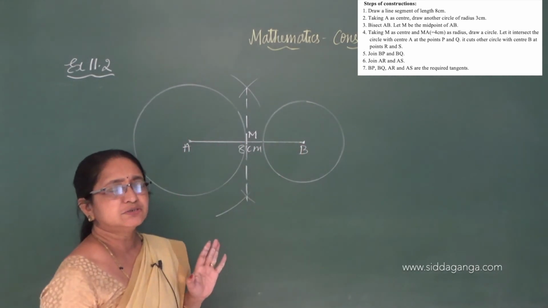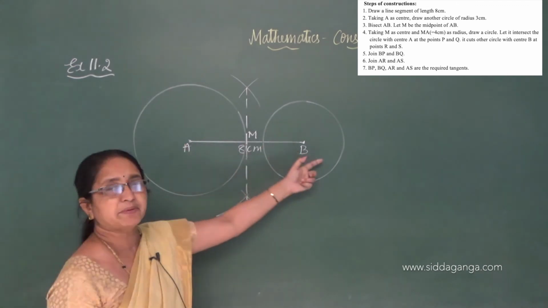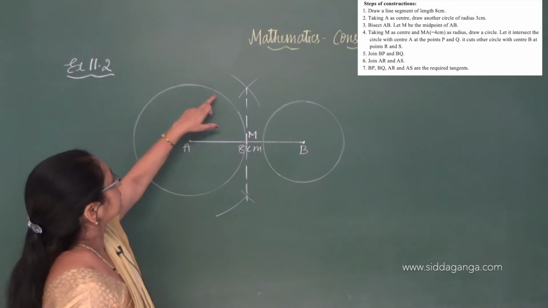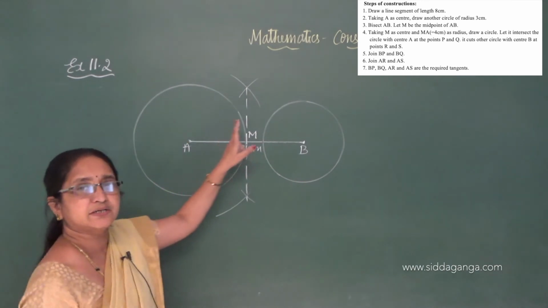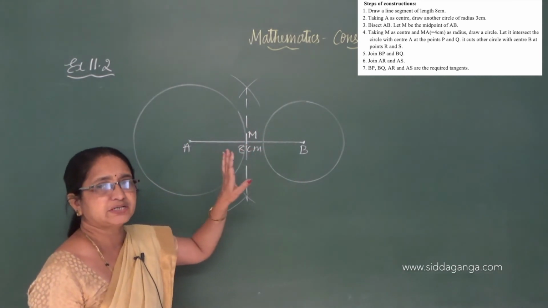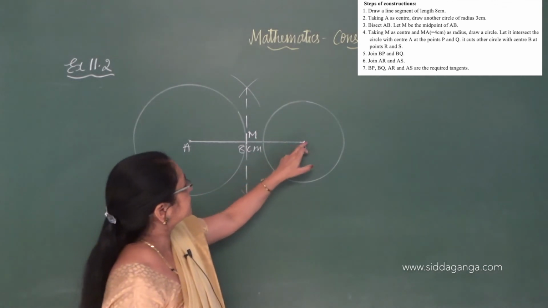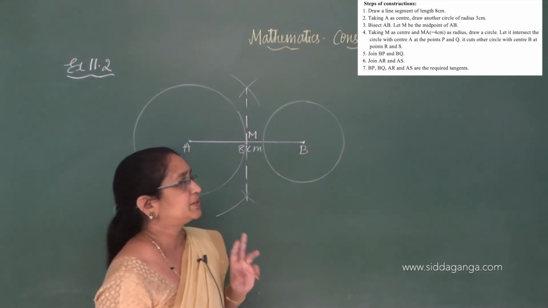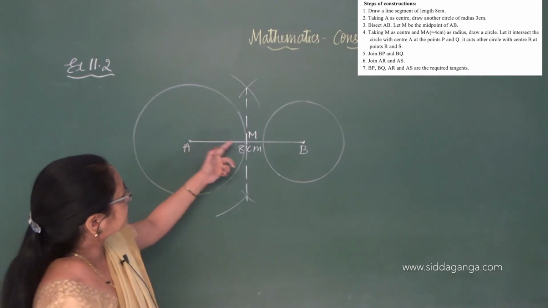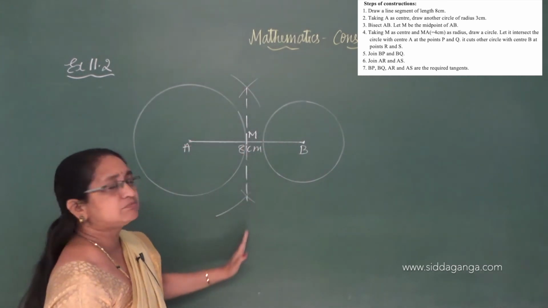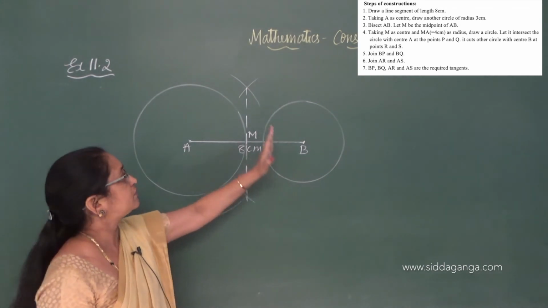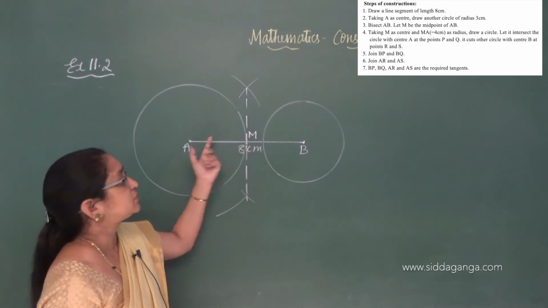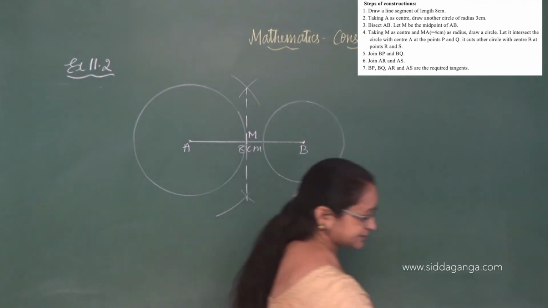I hope you understood. First I took the line segment AB of 8 centimeter. Then with A as center, I constructed a circle with 4 centimeter as radius. Then with B as center, I constructed another circle with radius 3 centimeter. Then we have to bisect this AB. I have drawn the perpendicular bisector, so M is the midpoint of AB. Now what is the next step?